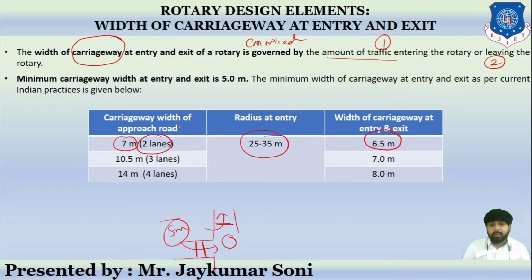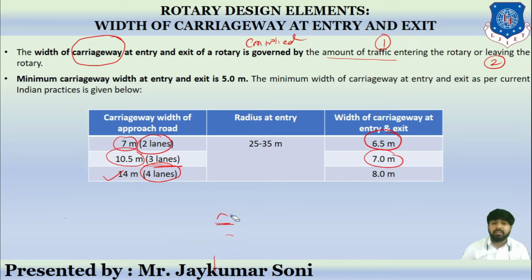If the carriageway width of the approach road is 10.5 meters, meaning approximately 3 lanes, because 3.5 meters is the approximate lane width, and the radius at the entry is in the range of 25 to 35 meters, then the width at entry and exit should be 7 meters. And if the approach road is 4 lanes, approximately 14 meters, and the radius at the entry is in the range of 25 to 35 meters, then the width at the entry and exit should be 8 meters.